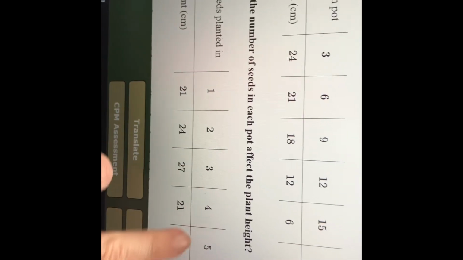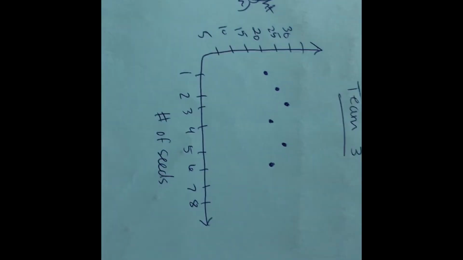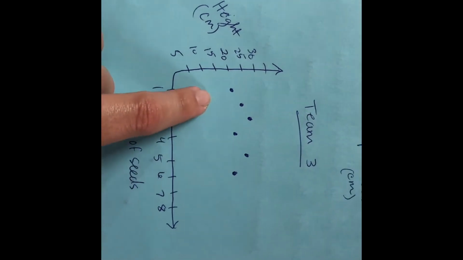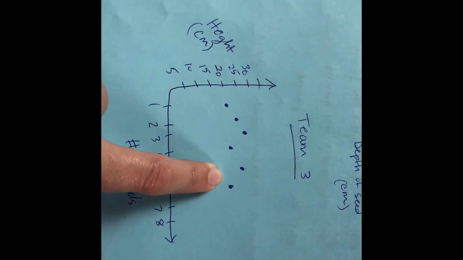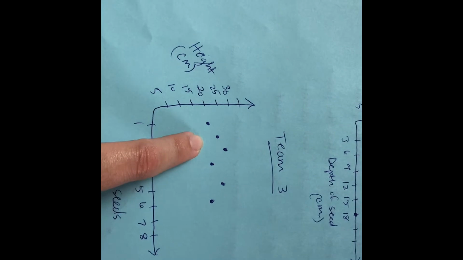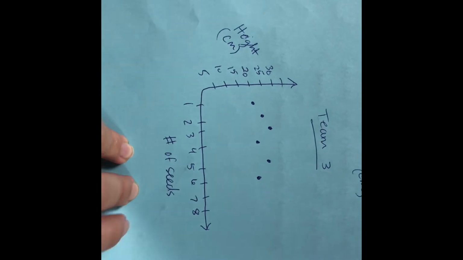The x's are going by 1s, so it wouldn't really make sense to go by 5s, because then the graph would be really jumbled up in one area. So here's the points that I plotted, and I'm not noticing too much of a trend. It's kind of going up and then down, up and then down. All right, so that's team 3.